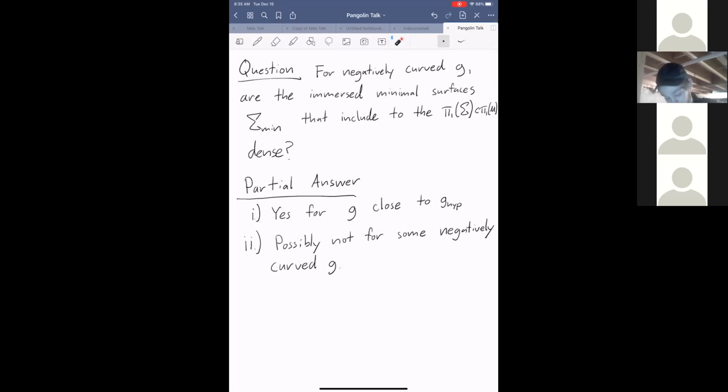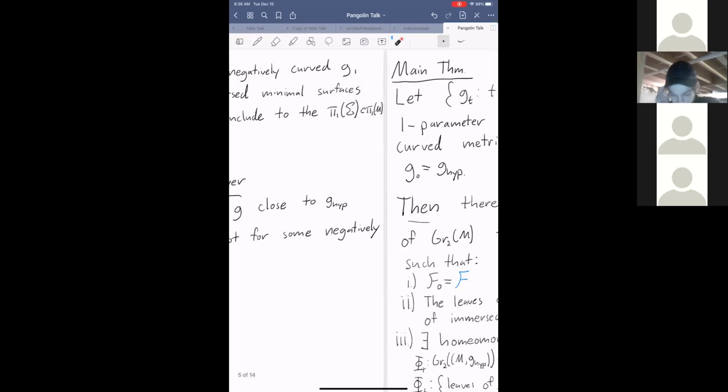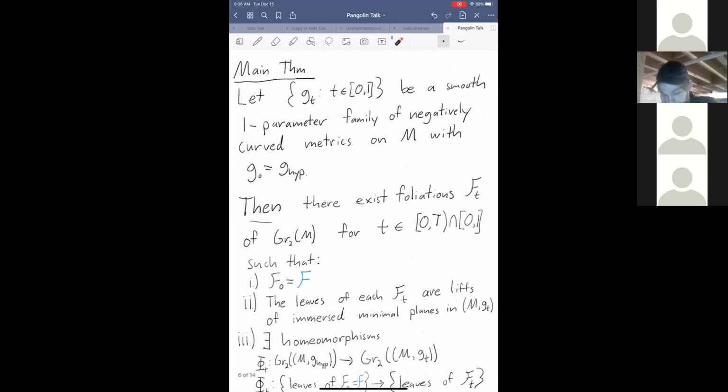It also seems possible that this question has a negative answer for some negatively curved metrics g, and I'll say more about that too. But okay, just to get to the main theorem for this talk that I proved.